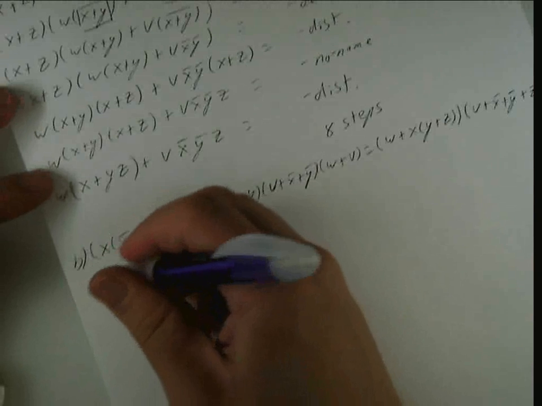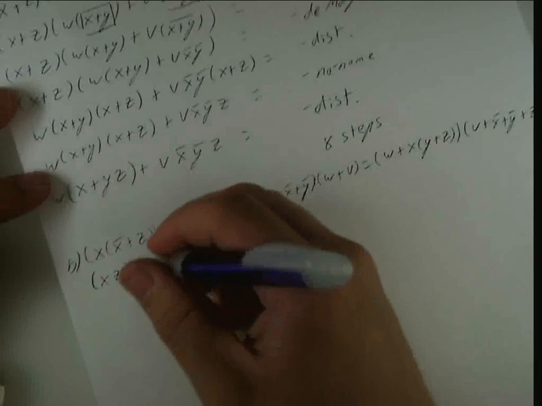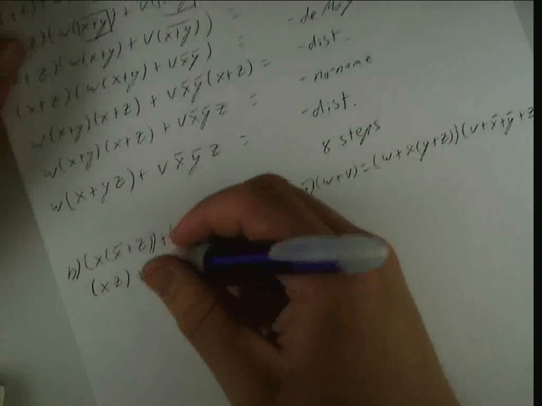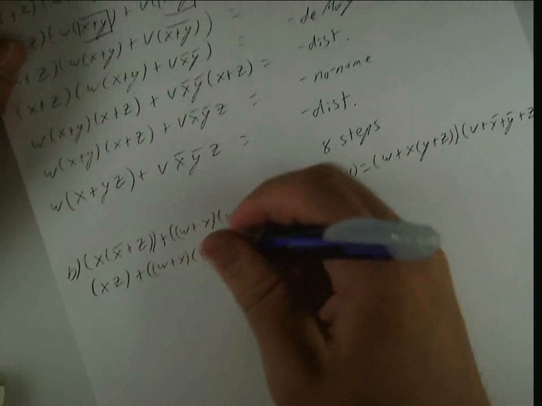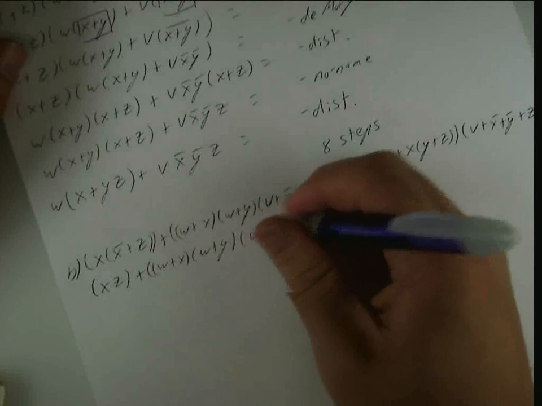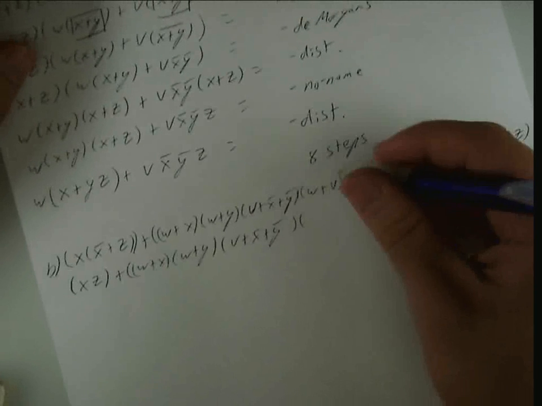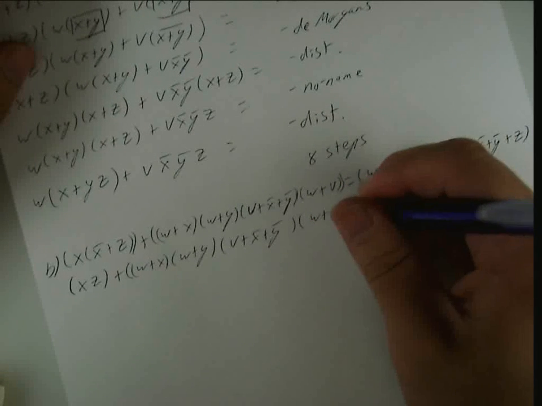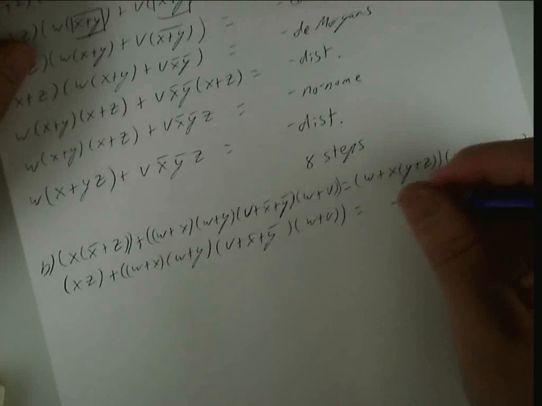I just use no name, so this just becomes xz ORed with w or x, w or y, v or x bar or y bar, w or v is equal to that, and so that's no name.